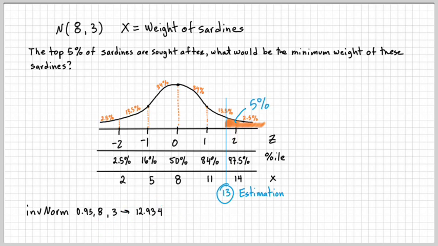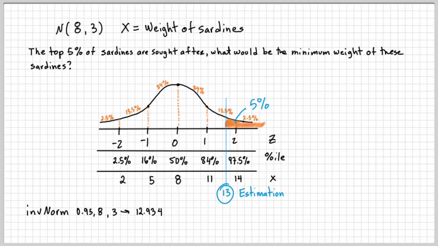What is 12.934? 12.934 is the minimum weight that you need for the sardines. If you have any weight above 12.934, or close to 13, any sardines close to 13 or above, that's sought out. So people probably pay more money for it.